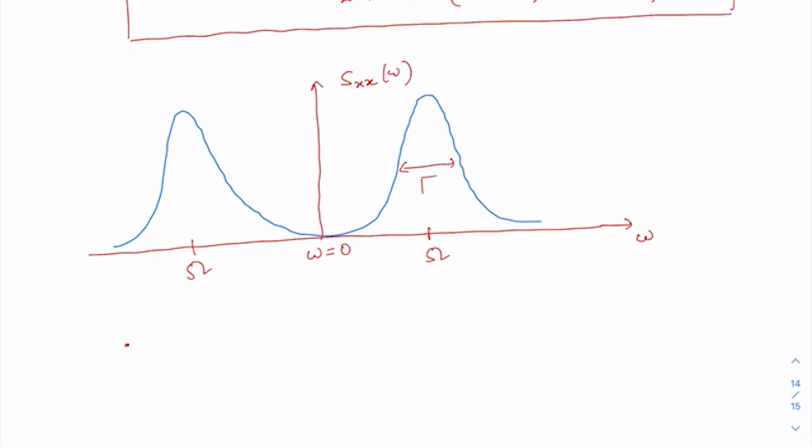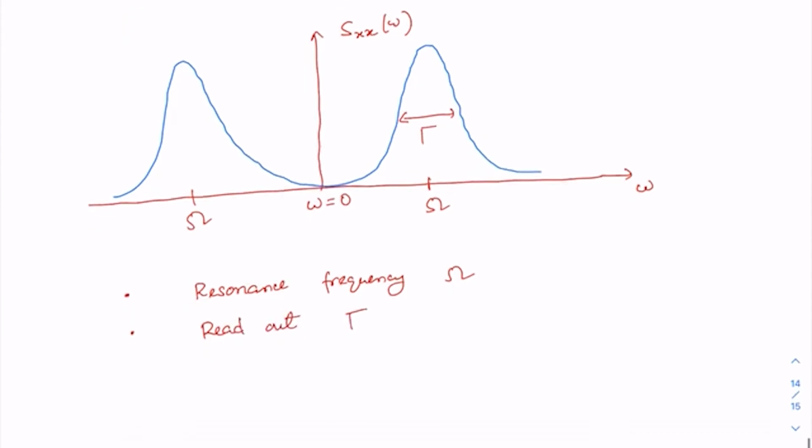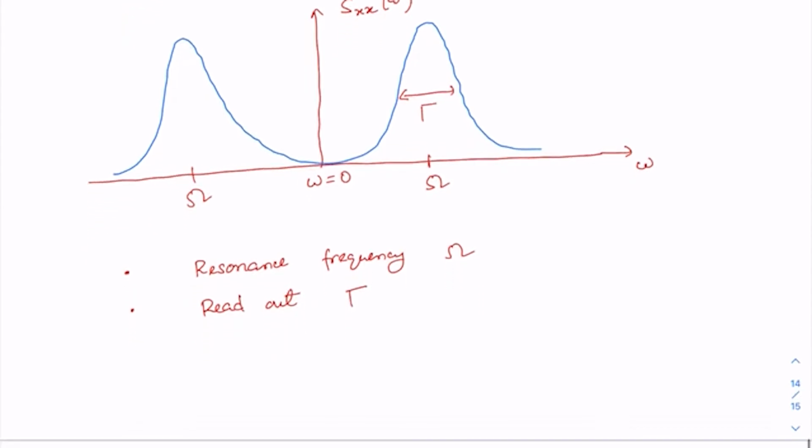A couple of things. One is, as you can see, you can find out the resonance frequency of the harmonic oscillator, capital Omega, which can be read out from this plot. Also, you can find out the damping rate: we can read out gamma just by measuring the full width at half maximum of the spectrum.